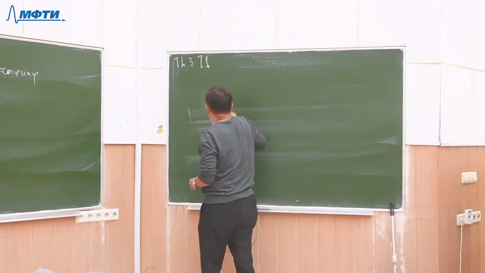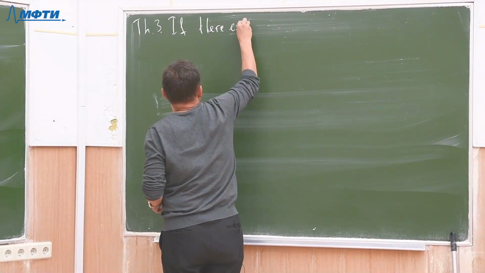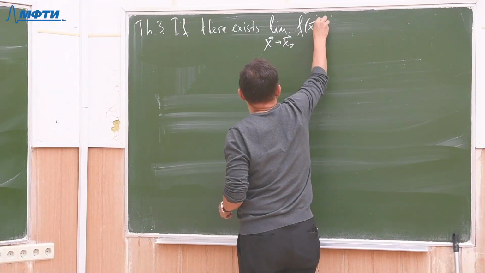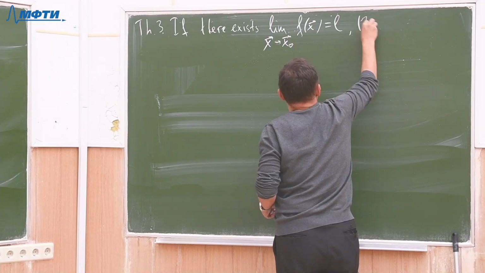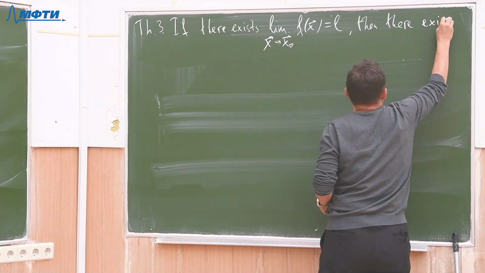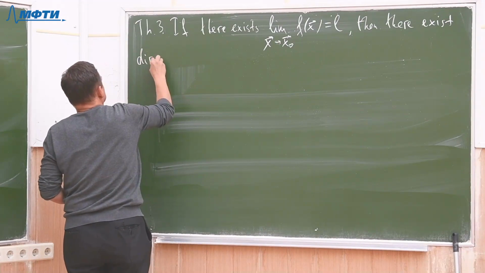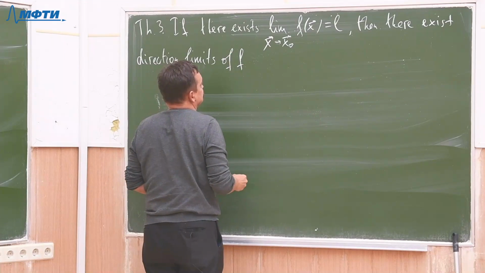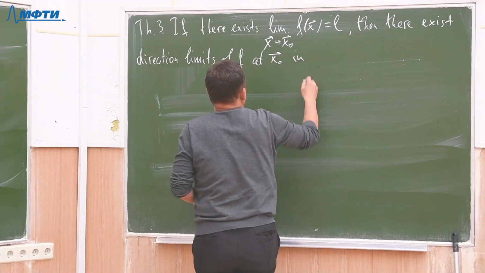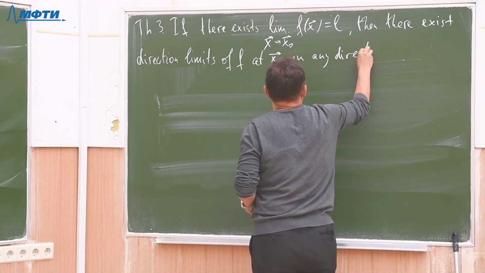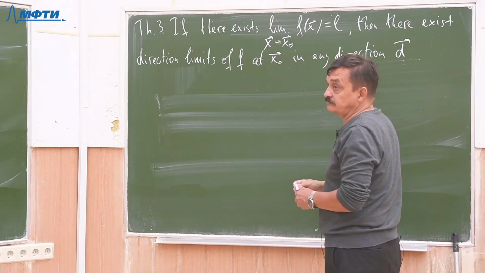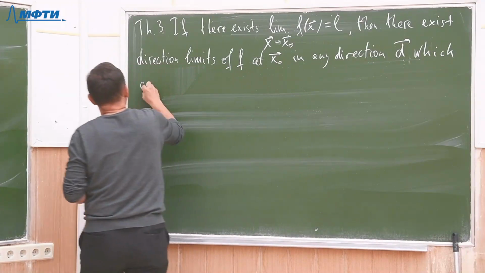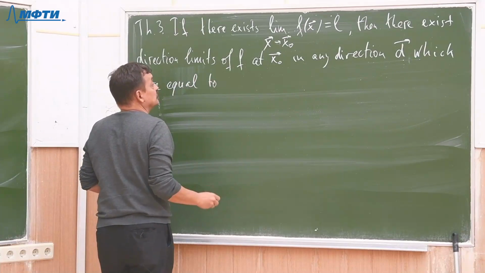If there exists a limit as x tends to x naught of f of x equals L, then there exist direction limits of f at x naught in any direction d, which are equal to L.